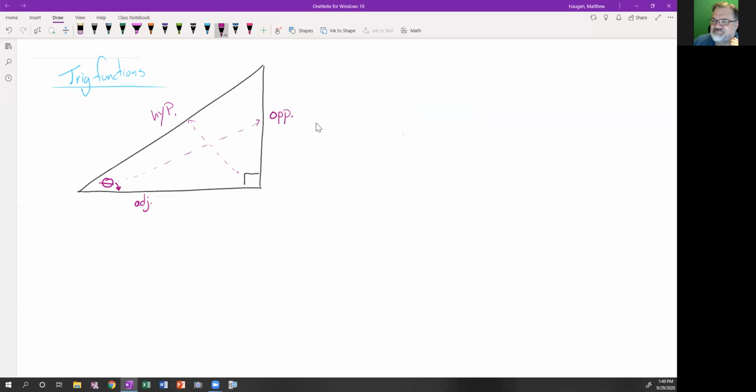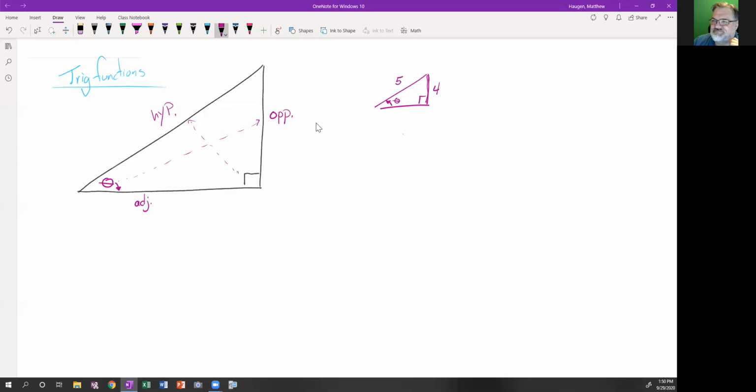So where our trig functions come from is people noticed over time that if you have a triangle with some fixed angle and you look at these lengths, let's say this side opposite that angle is length, say 4, and the hypotenuse is length 5.